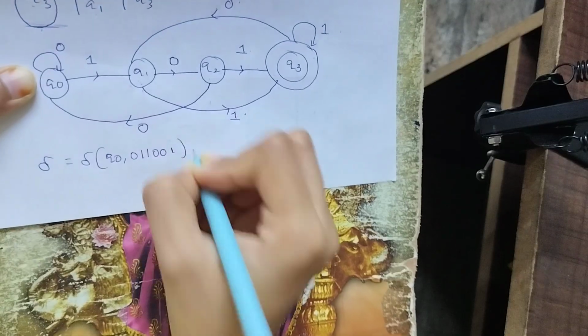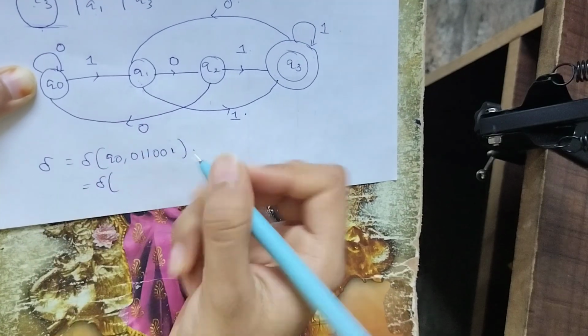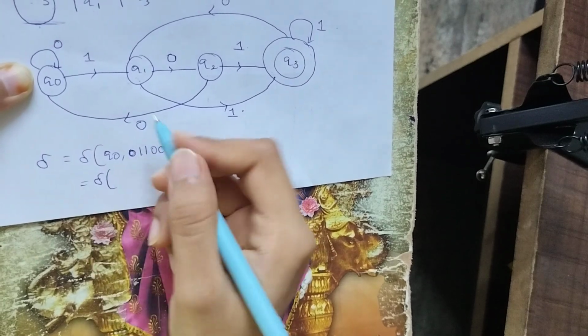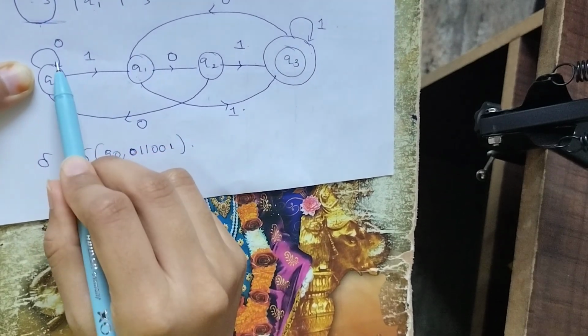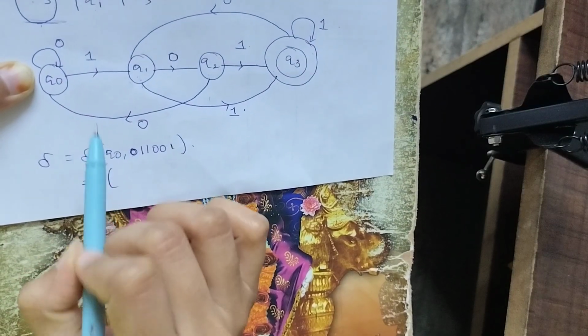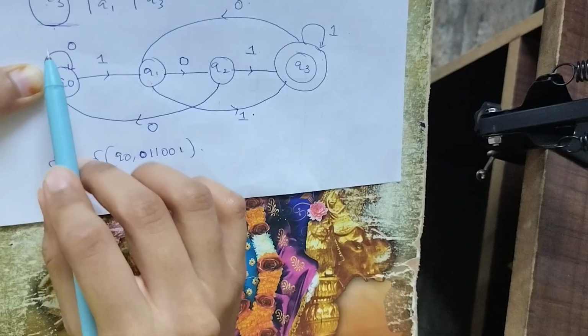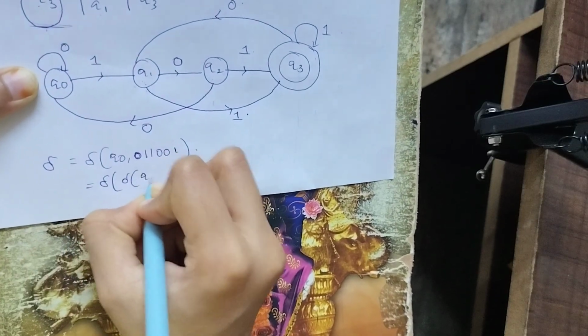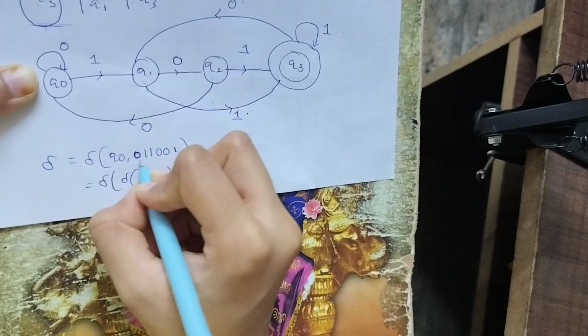From Q0, 0 is going to its self loop. So we write delta of Q0 comma 0, and we remove this 0.